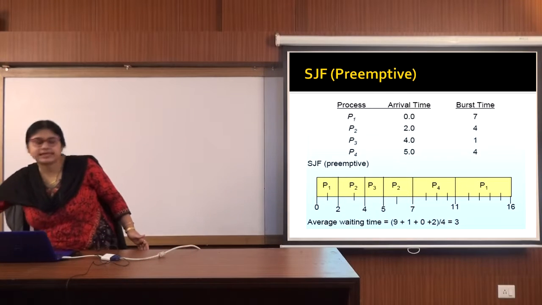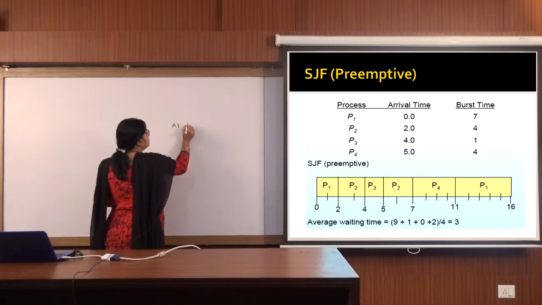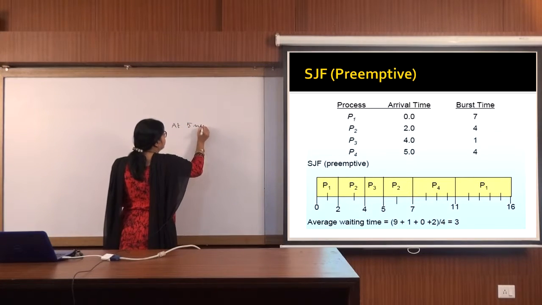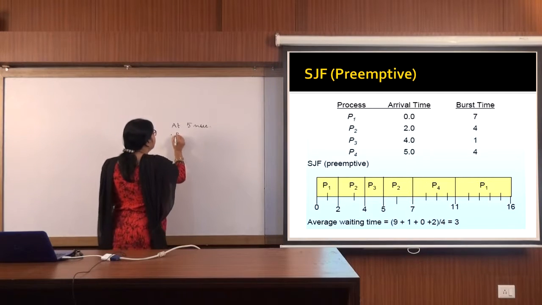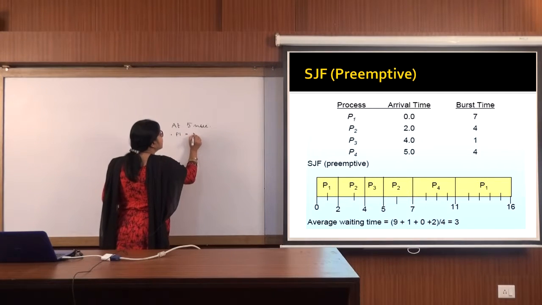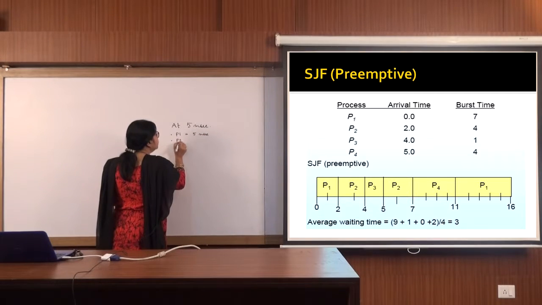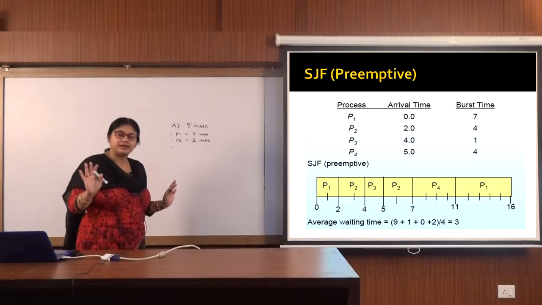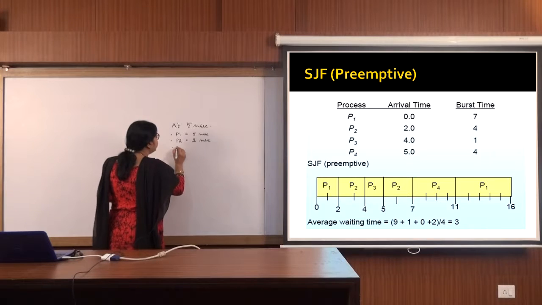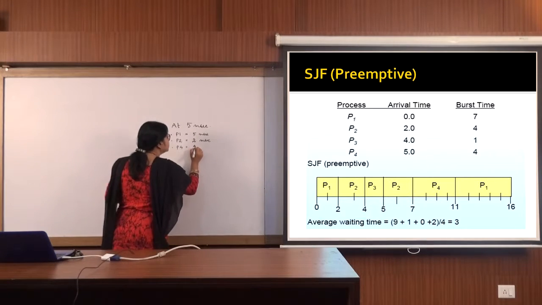So I can say at 5 millisecond time period, I have process P1 with remaining burst time 5 millisecond, process P2 with remaining burst time 2 millisecond, P3 is already completed, and P4 with burst time 4 millisecond.